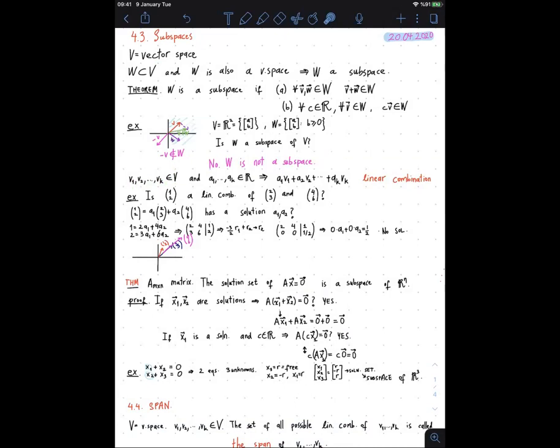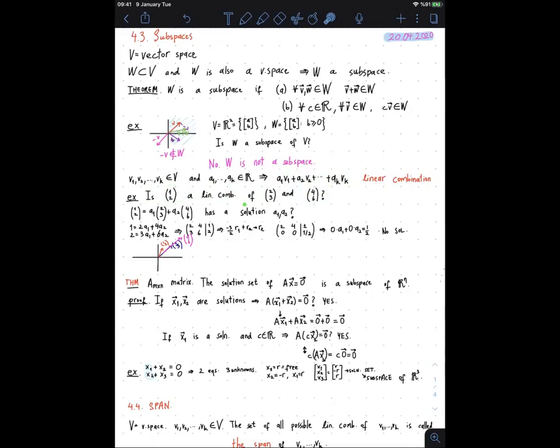These are the vectors, and these are scalars. If I form a sum like this, the sum is called a linear combination. A linear combination of vectors is a vector, because I'm just multiplying vectors by numbers and then adding them, so the result is always another vector.